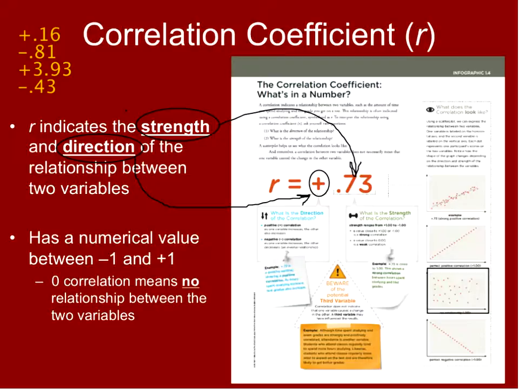It is negative 0.81. Why is it not positive 3.93? I don't understand that. Because it can't be above 1. That's the trickery snuck into this question, right?